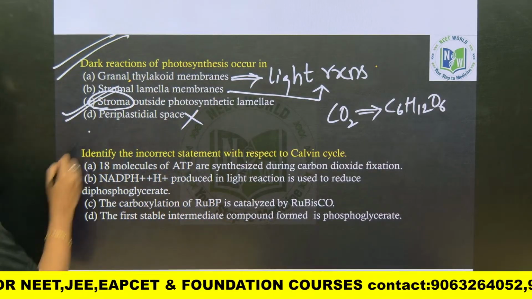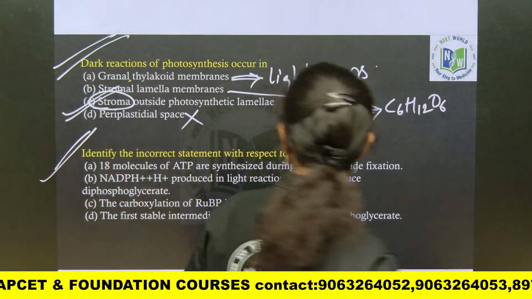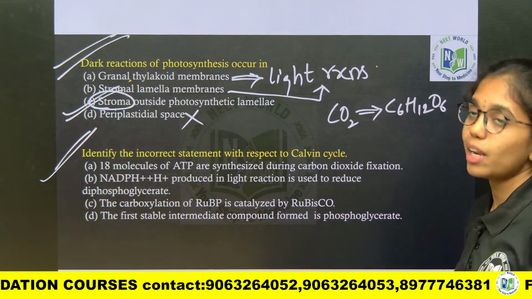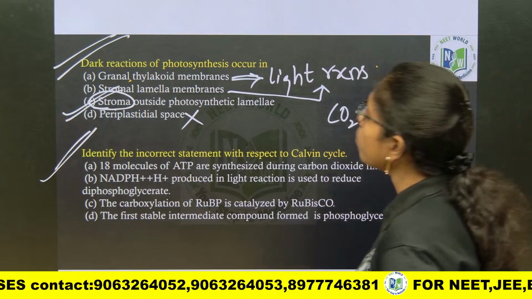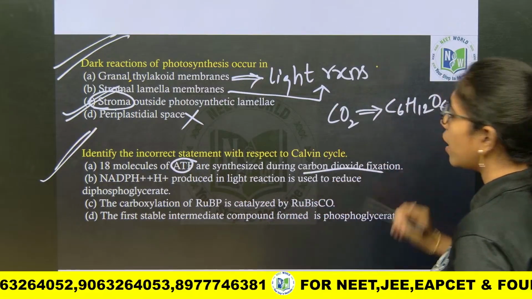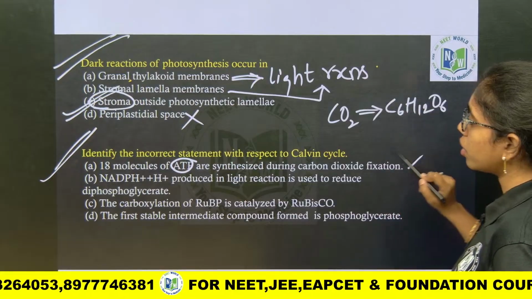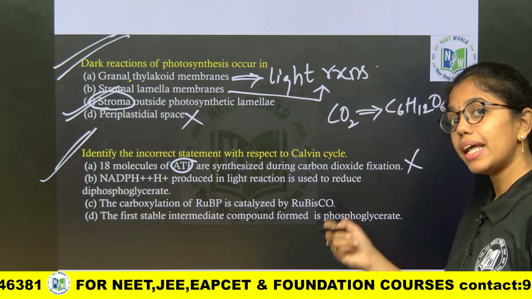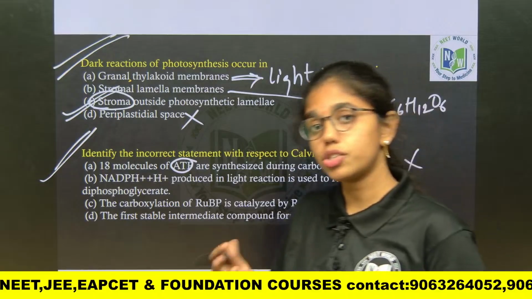Clear ma? Look into this question. Statement based question, important. Identify the incorrect statement with respect to the Calvin cycle. 18 molecules of ATP are synthesized during carbon dioxide fixation. This is wrong, because in light reaction ATP and NADPH are synthesized, and in dark reaction ATP and NADPH are utilized.